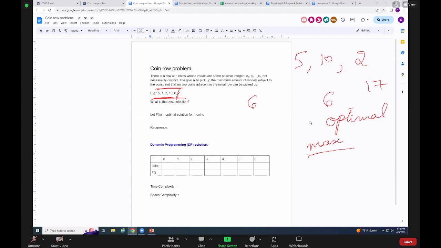I mean, you have not seen 2 yet, but whatever you could have achieved at this point, would that be good for those 5 numbers? Whatever you could have achieved, let's say for 3, if you had only 3 coins, would that be sufficient for those 3 coins?